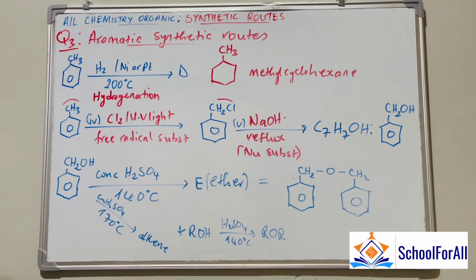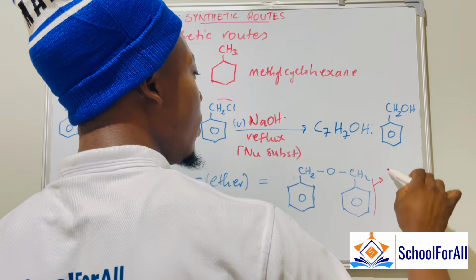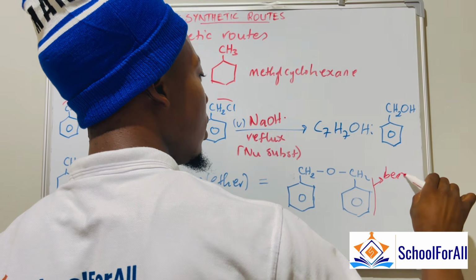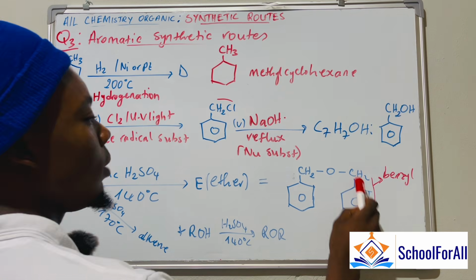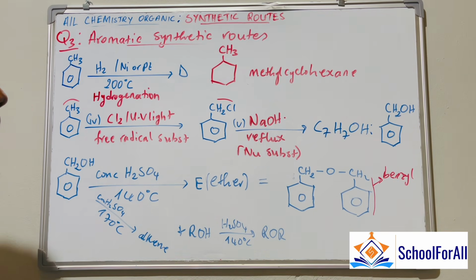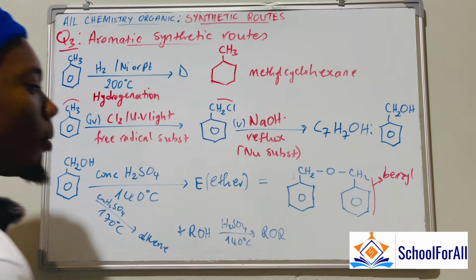Is it okay? This group, the ring with the CH2, we call benzyl. So I have two benzyl groups and it is an ether. So what is the name of this compound?